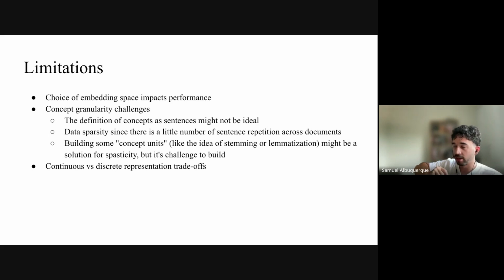They talked about building those concept units, where all these concepts mean the same thing, so let's map them into the same unit. It's challenging to build, but it can be a nice solution for this problem.